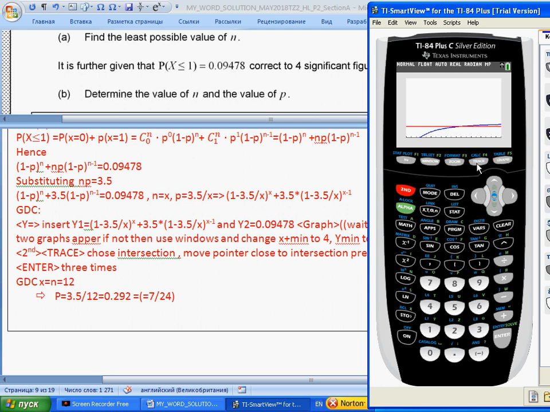Section. The section is 5. So the lower boundary we take from here, so enter. And the upper boundary we will move the pointer more and more to the right. Enough.